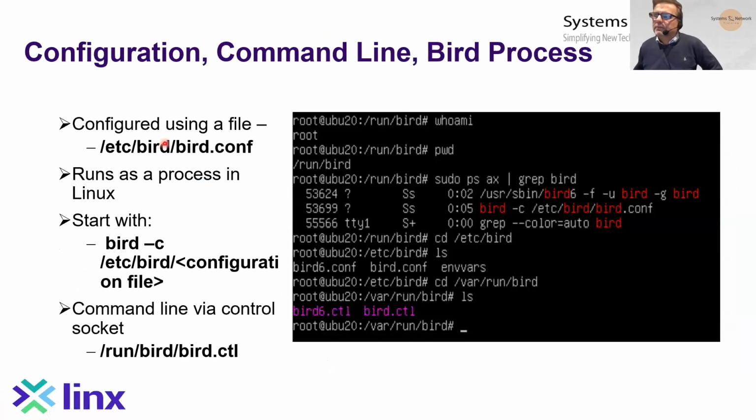So the configuration file is by default called bird.conf. It is created for you as the default configuration in this path on your Linux machine. You can start Bird by using a command like this, bird -c, to select the configuration file, and then select the configuration file you want if you're not using the default that's here.